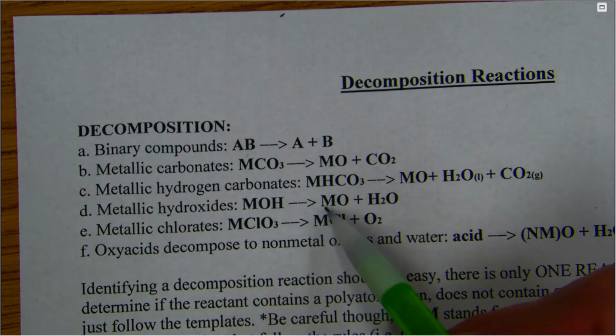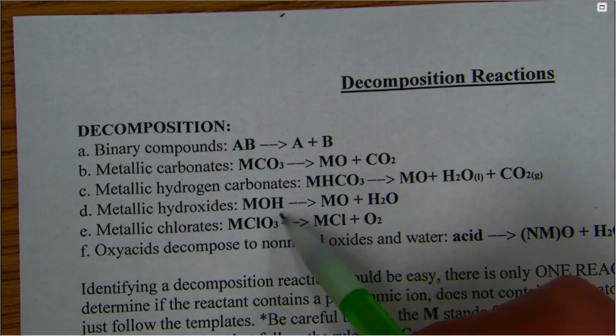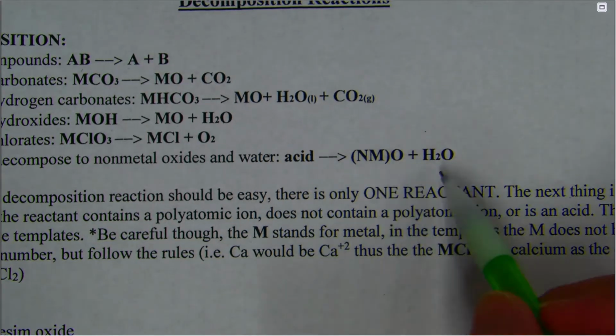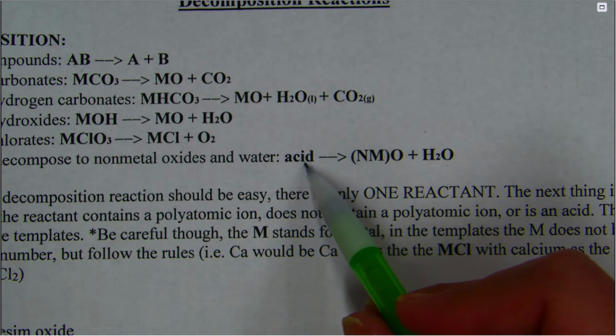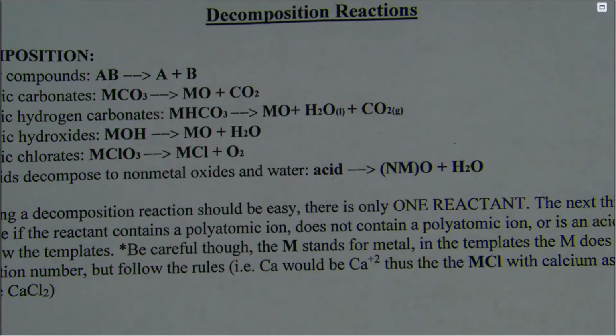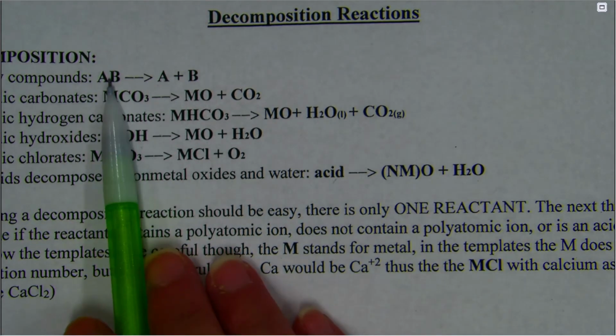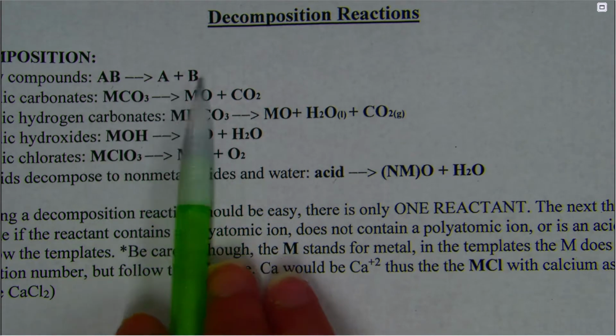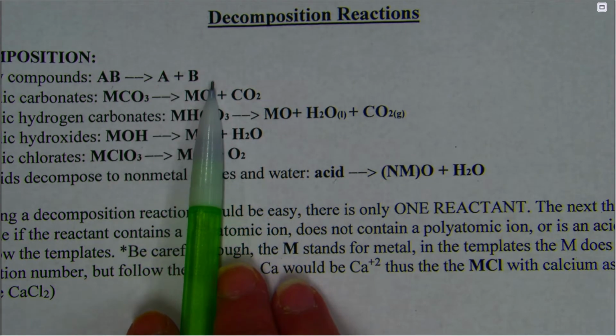A metal oxide plus water made a base, and a nonmetal oxide plus water made an acid. So here we're going the opposite way, and we are taking the binary compound and breaking it apart into its two individual elements, for example.